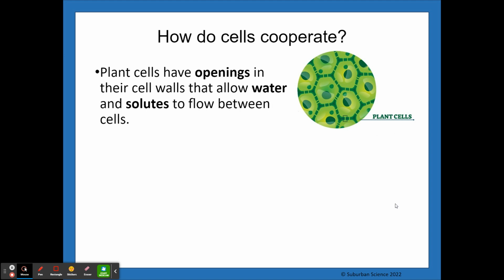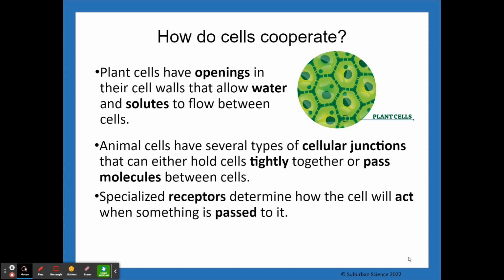Okay, now how do cells cooperate? We see this in a variety of different ways, but plant cells have openings in their cells that allow water and solutes to flow between cells. Whereas in animal cells, we have several types of cell junctions, connections that can either hold cells tightly together or pass molecules between them.